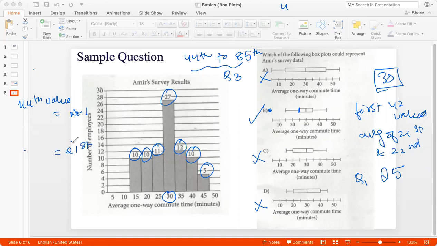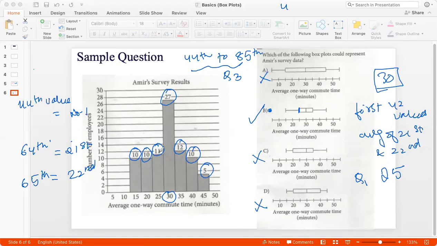How would I find that? 44 is 1, so plus 20. So that is the 64th value, right? And my 22nd value will be the 65th value. So let's find the 64th value.